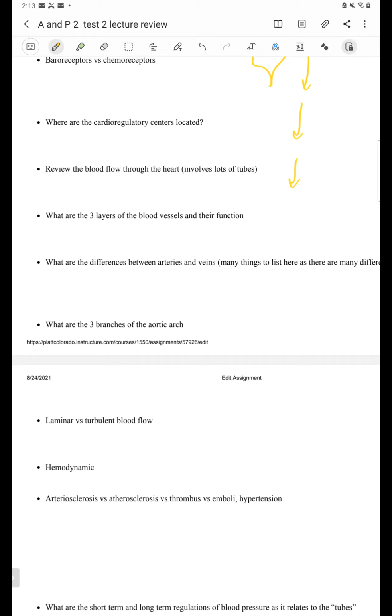But when blood is being ejected from the left ventricle, it goes into the ascending aorta, and then the aortic arch, and then the descending aorta, right? And then you have those three branches off of the aortic arch, and there's an order to them.